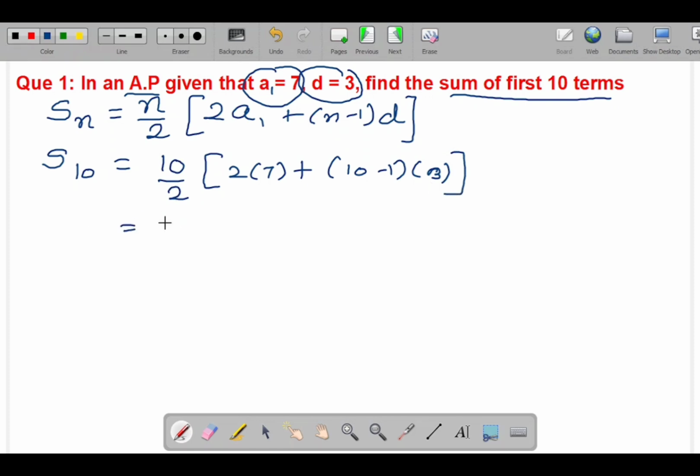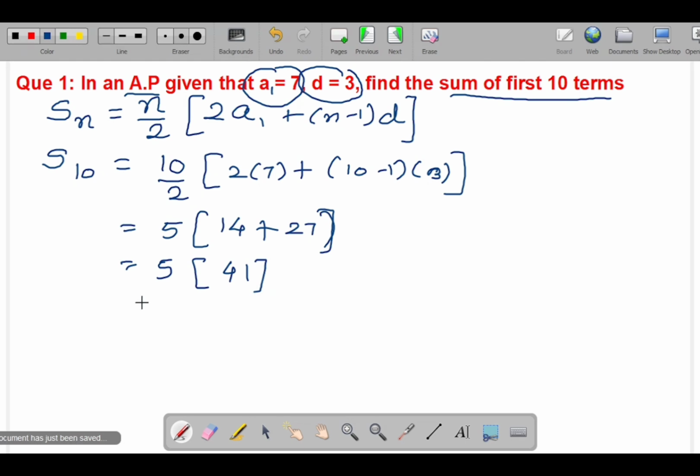Here you can cut 10 and 2, we will get 5. 2 sevens are 14 plus 10 minus 1 is 9, 9 threes are 27. So we will get 5 into (14 plus 27). So 4 plus 7, 11, and this 4, so 41 into 5, 205.